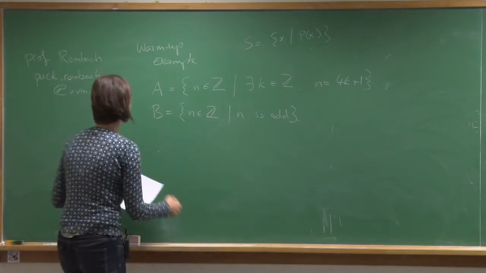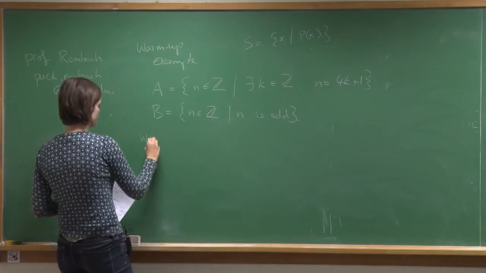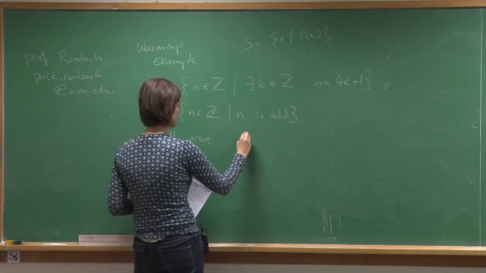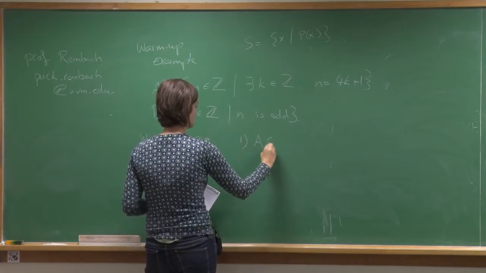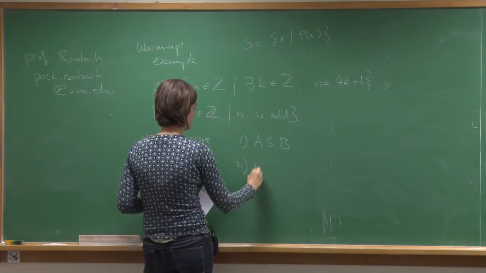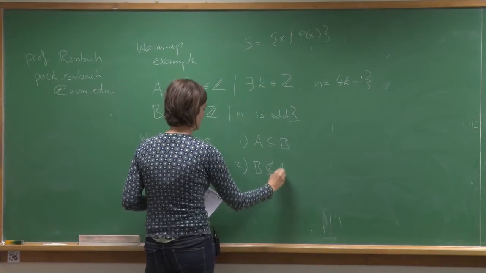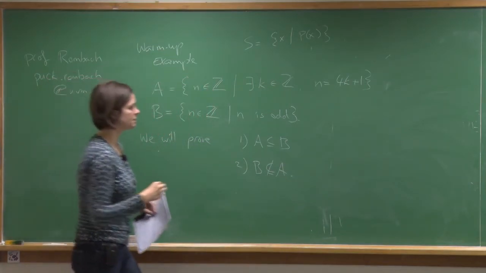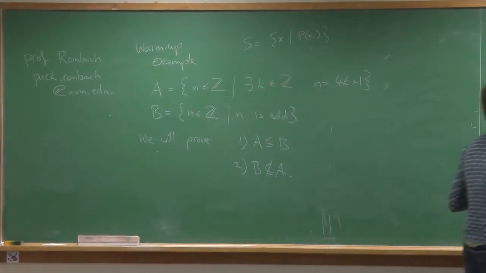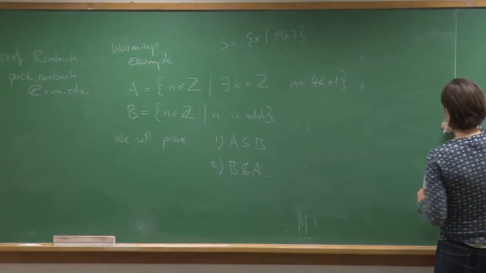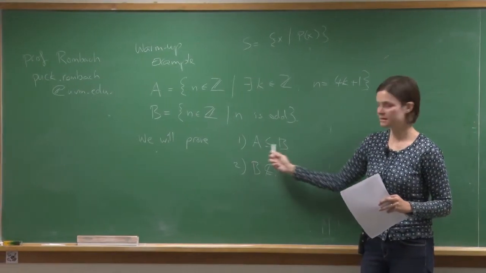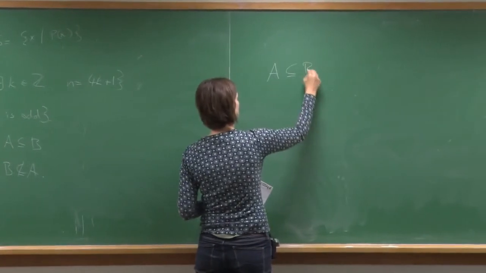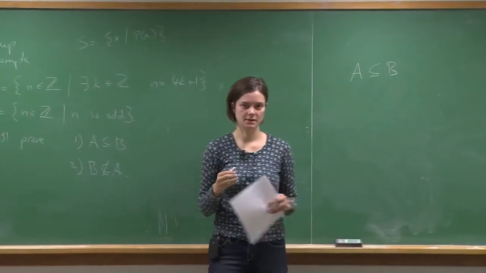Okay, so we want to prove 1, that A is a subset of B, and 2, that B is not a subset of A. Right. So what does this subset symbol mean? Well, it means that A is a subset of B, right? What does that mean by definition?